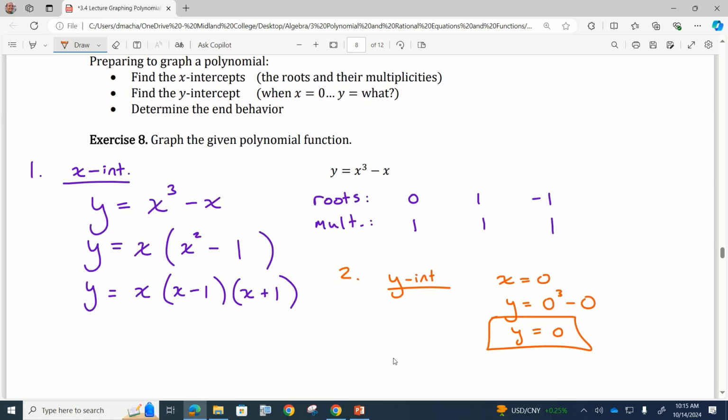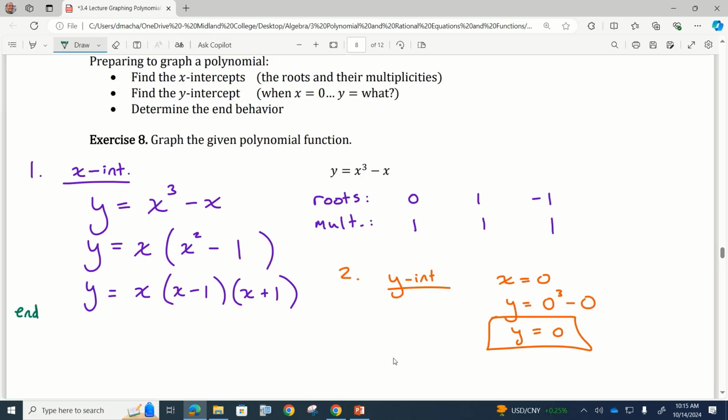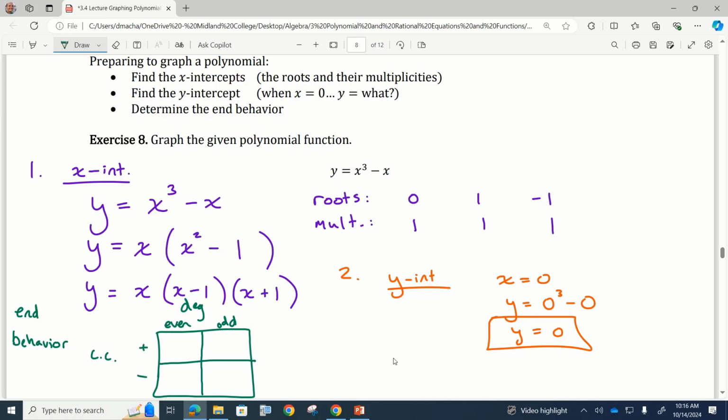Okay? And then last step, I want to know about the end behavior. And now you have memorized the end behavior table. It cares about whether my degree is even or odd, and it cares about whether the leading coefficient is positive or negative. And the table is up, up, down, up, down, down, up, down.